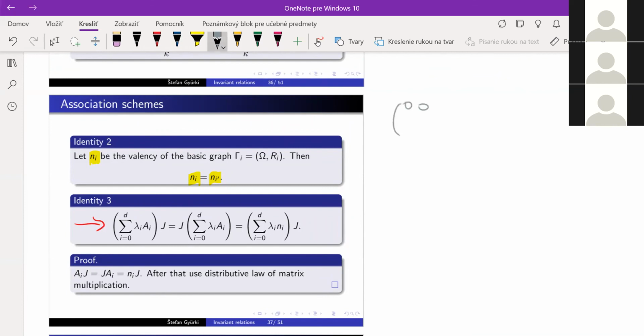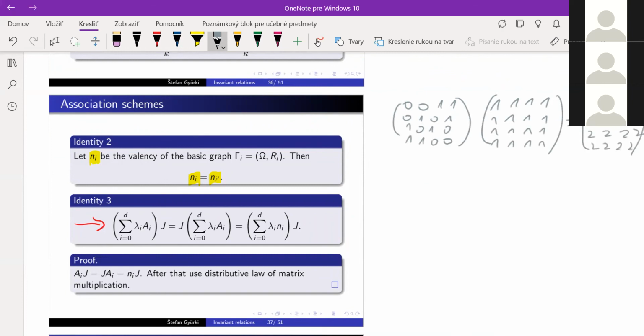So for example, if we have, say, this matrix and you multiply from one or the other side with this matrix, then of course you obtain 2's everywhere, because in each row you have two 1's, and if you multiply from the other side, then you obtain again 2's, because in each column you have precisely two entries which are equal to 1 and the others are zeros.